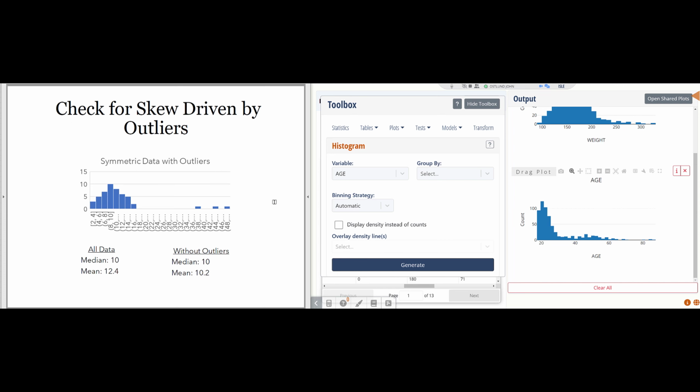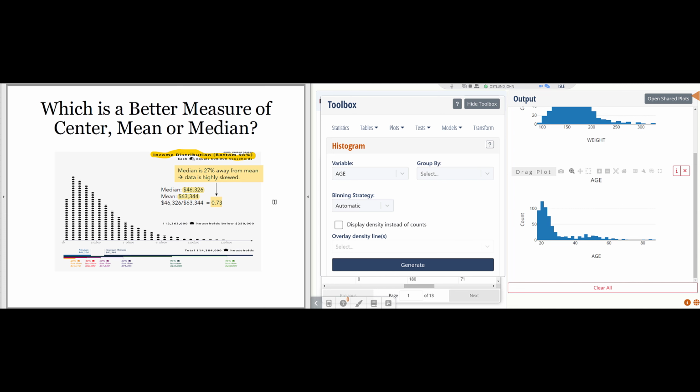By the way, it turns out that virtually every country in the world has an income distribution very similar to this. And there are a lot of social and mathematical theories as to why this is. But it turns out that this is a very common kind of income distribution.